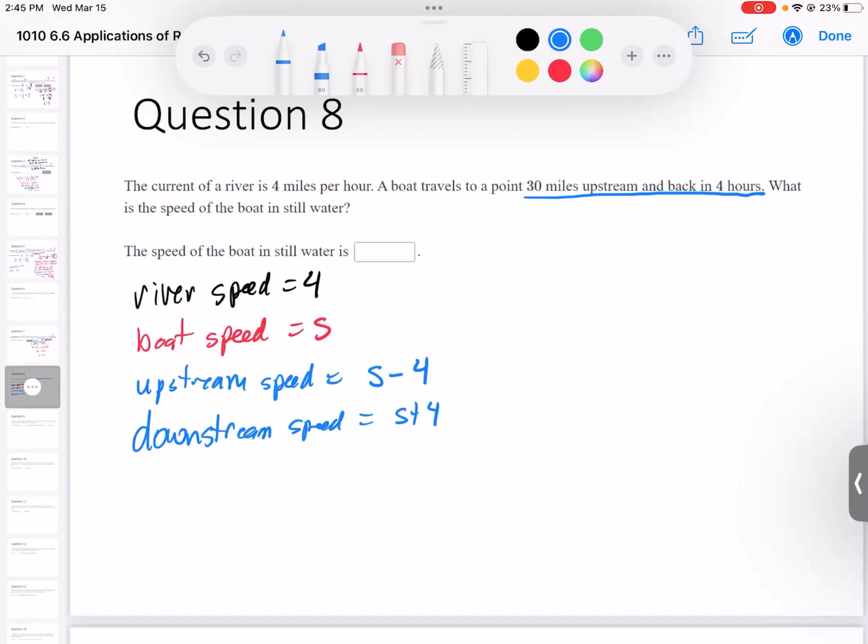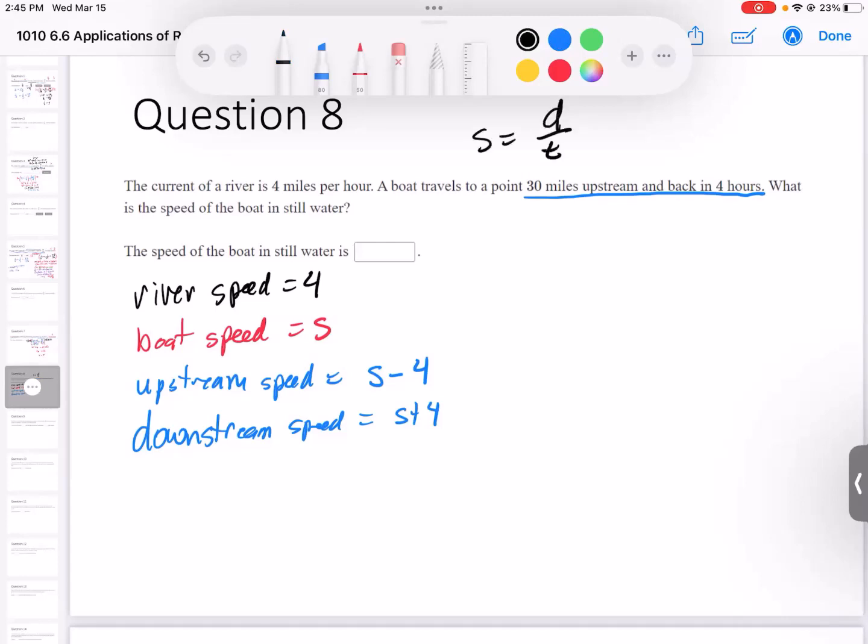Okay, so we know all of this stuff in terms of speed, but the information we were given with the 30 miles upstream and back in 4 hours, those are distance and time relations. So we want to relate these things to speeds. So what we would say is, okay, well, we know the formula that speed equals distance divided by time.